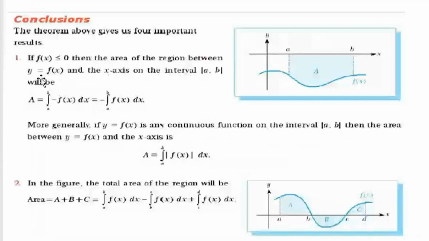So the illustration now of this conclusion number one. Since there is a negative sign there, then the graph will be below the x-axis.